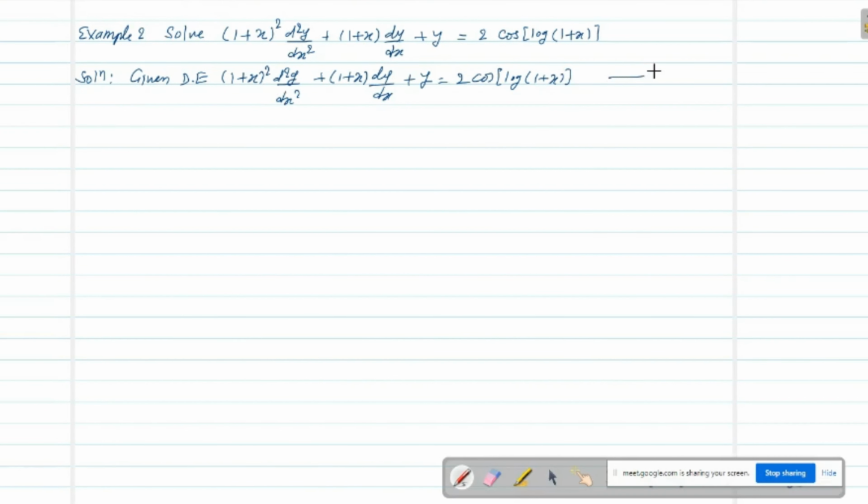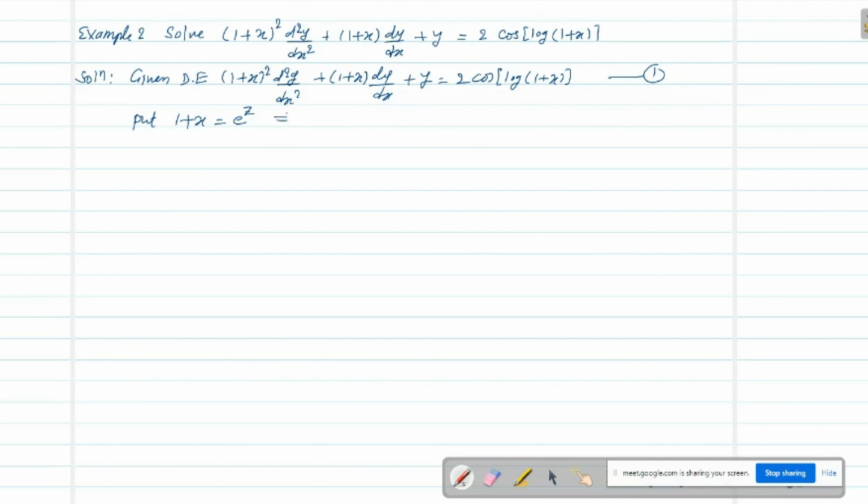Now name this equation number 1. So this is the Legendre linear differential equation. So for this we will put 1 plus x equal to e raised to z.